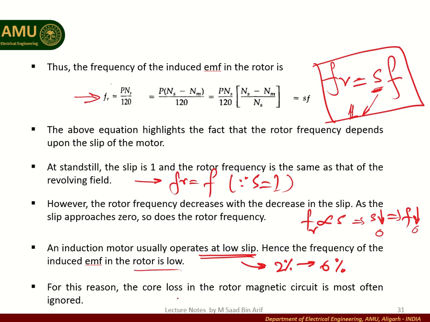For this reason, the core losses in the rotor magnetic circuit are almost ignored or near to 0. Why? Because core losses depend on the frequency. If the slip is low, frequency is low, and so are the core losses.